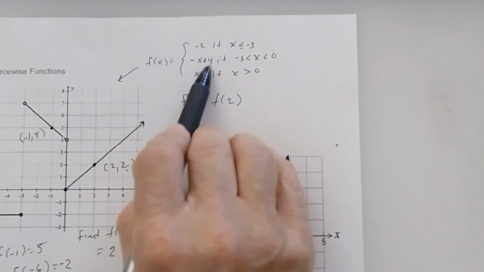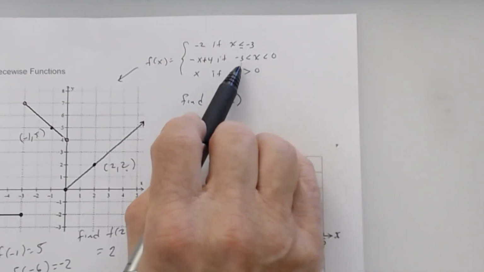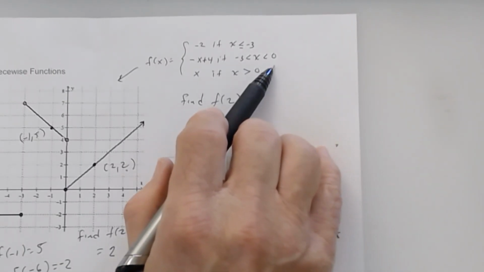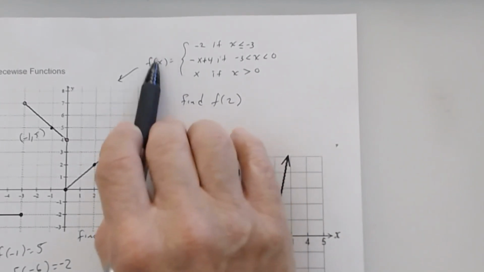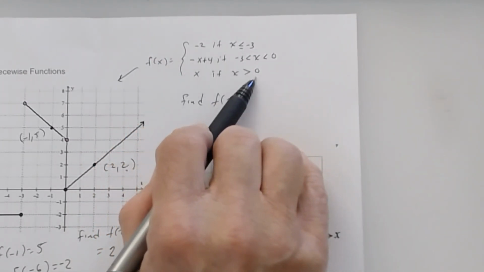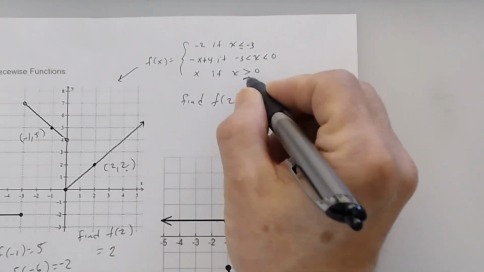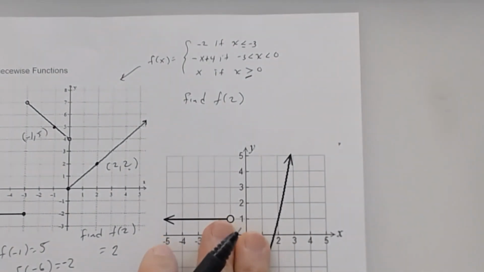Y is going to equal negative x plus 4 if x is between negative 3 and 0. And y is going to equal x if x is greater than 0. And I should have put, I'm sorry, greater than or equal to right here. Change that to greater than or equal to. Okay?